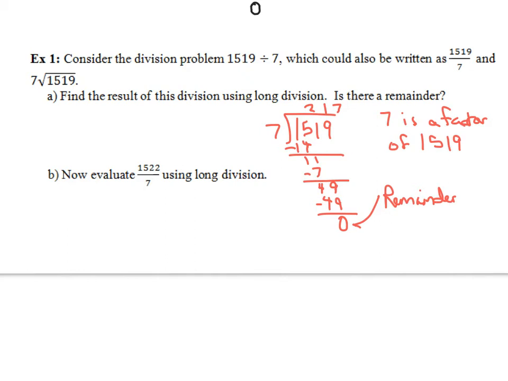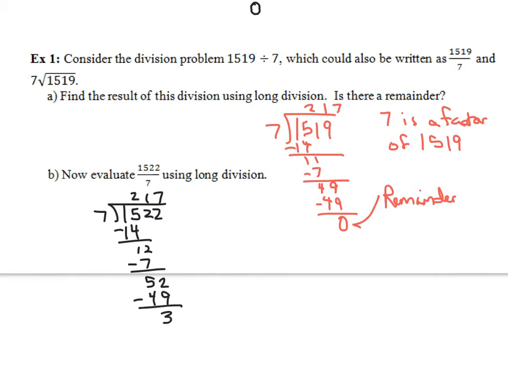Let's go ahead and try the next one where I now have 1522 and I want to divide that by 7. 7 goes into 15 twice. Subtract and get a 1. Bring down the 2. 7 goes into 12 once. 1 times 7 is 7. Subtract and get a 5. 52. 7 goes into 52 7 times, but 7 times 7 is only 49.